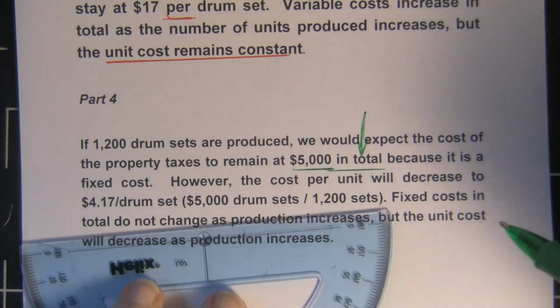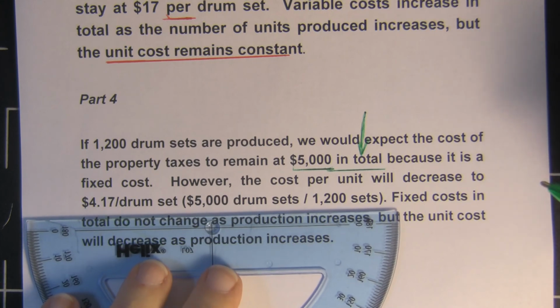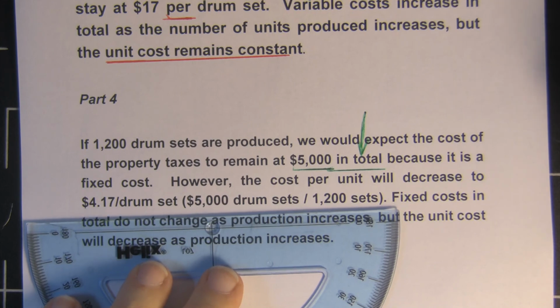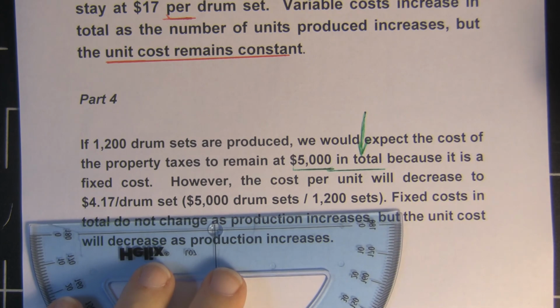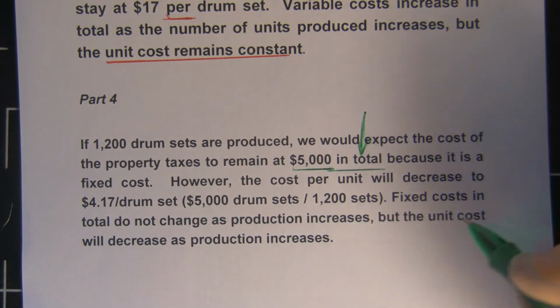However, the cost per unit will decrease because we're now making 1,200 drums instead of 1,000.